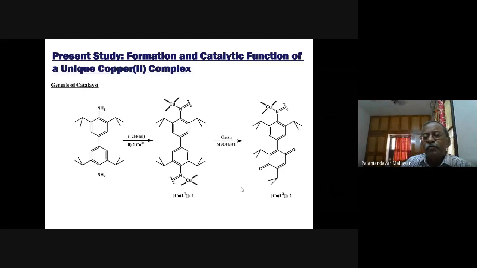That's what we found, and that rearrangement involved the genesis of the catalyst, where superoxide is used by the very copper itself here. Copper bound with molecular oxygen, converted into superoxide, and sent to this particular point, and then this rearrangement happened.